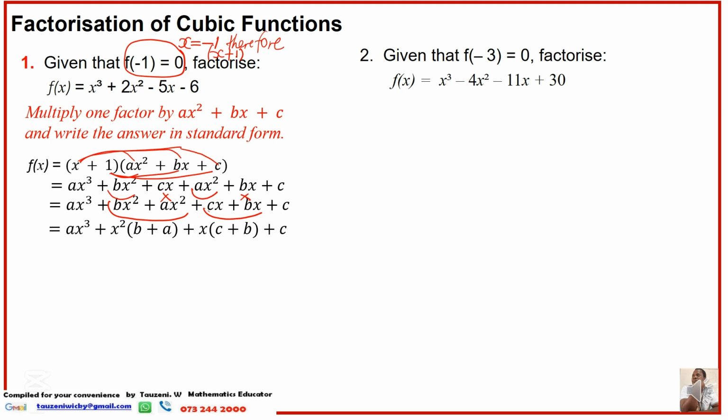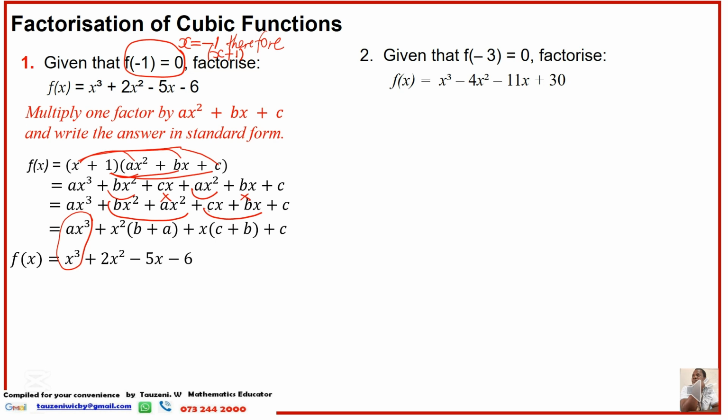Now, we compare this expression that we just simplified to the expression that we are factorizing. We match the terms of the two expressions. In our expression, the coefficient of x cubed is 1. Then in the expression that we just simplified, the coefficient of x cubed is a.